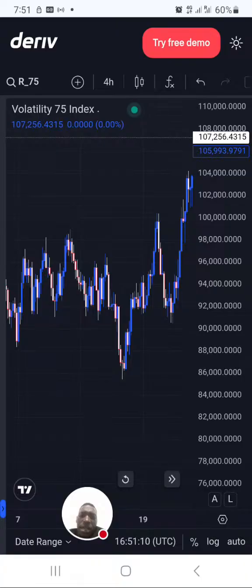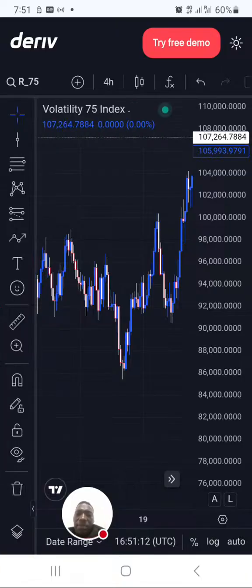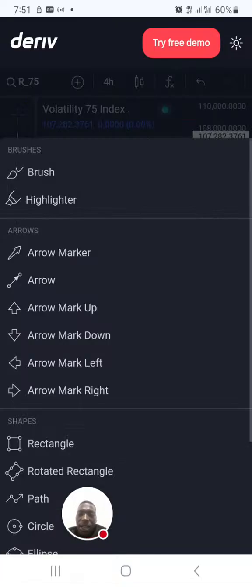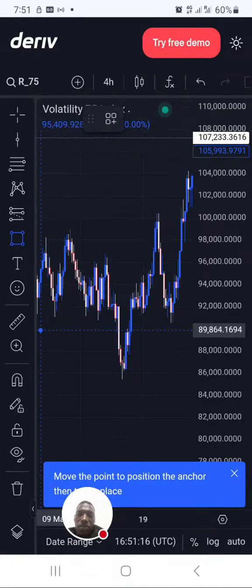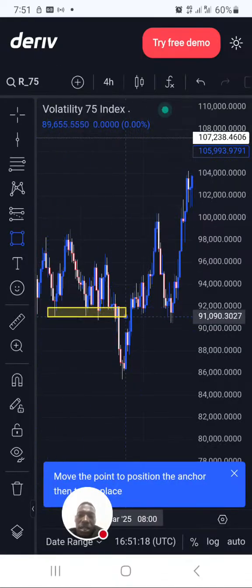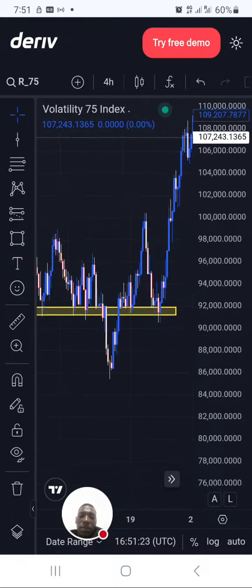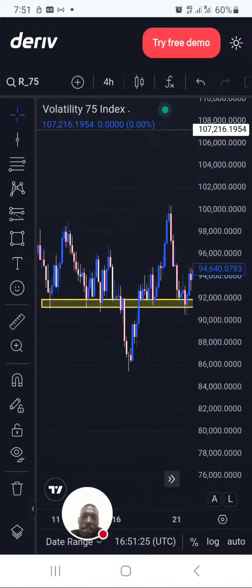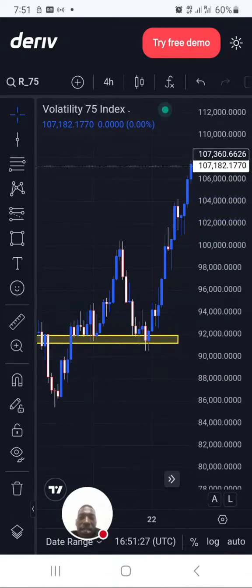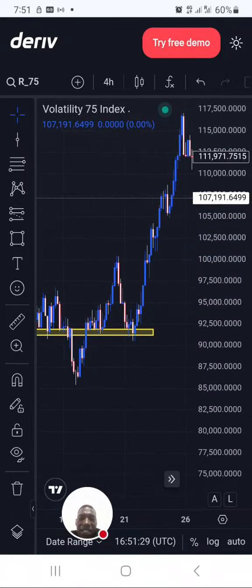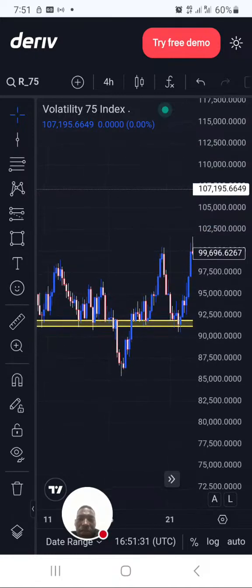So the easy way to do this, you can start marking every kind of zone like this. You mark this area here like that. You say, okay, when the market comes and hits this area, when did the big move start? Do you see?